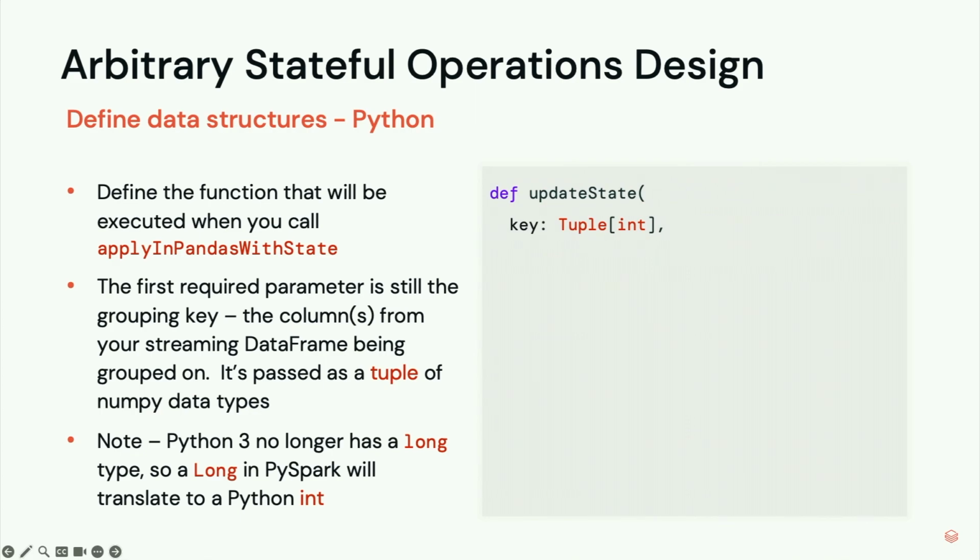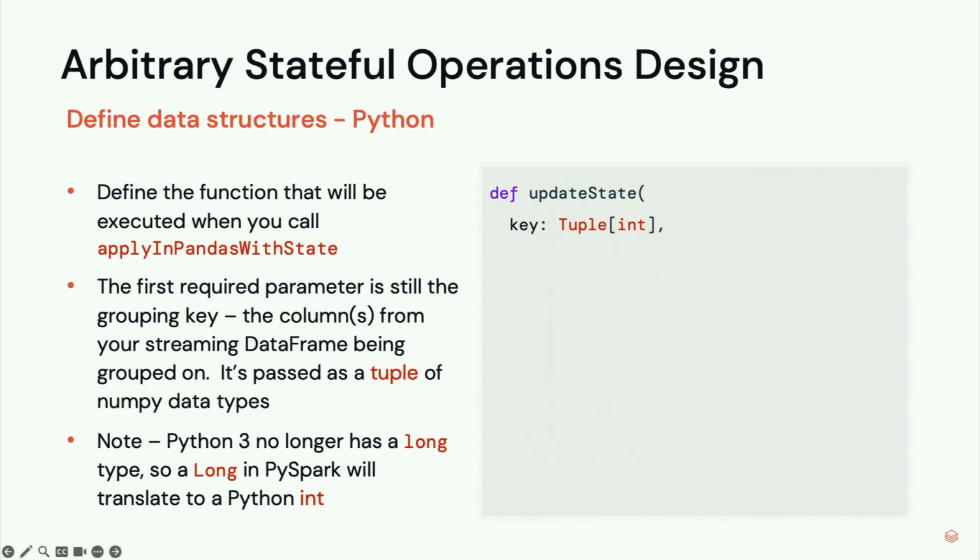Now this is going to look familiar, just slightly different for Python. You do still have to have that function. Your first variable in the function is going to be the key, but the type is different. The key in Python is always passed as a tuple. It's passed as a tuple of NumPy data types.